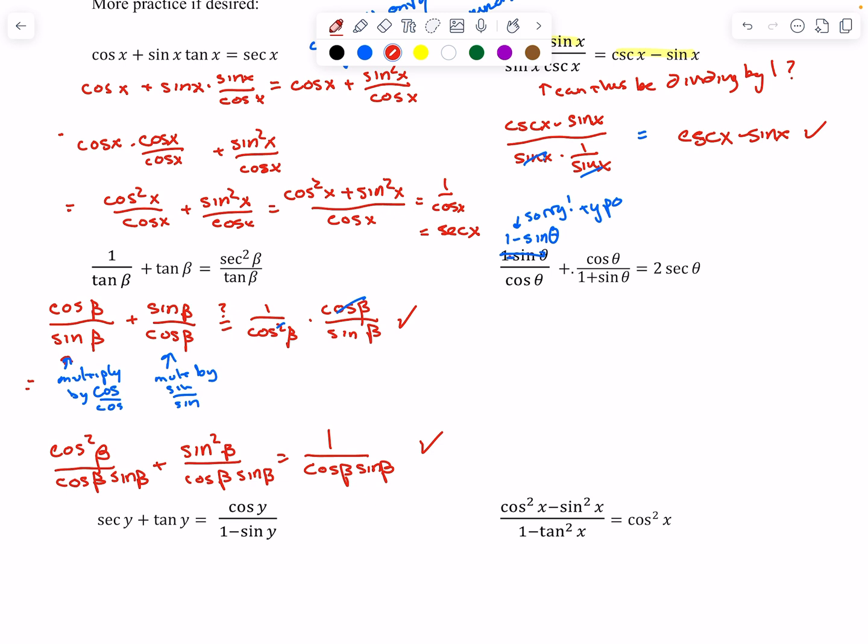Okay, so once again, I'm going to do what I did on the previous thing and multiply this fraction by 1 minus sine. So, leave this one alone, because it worked so successfully on the previous page.